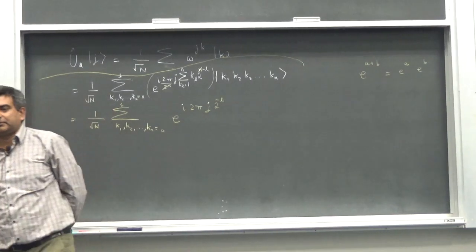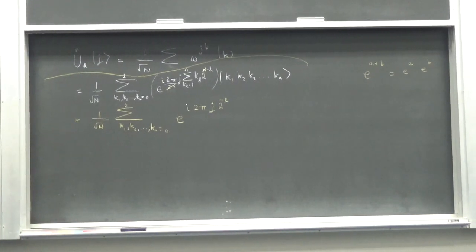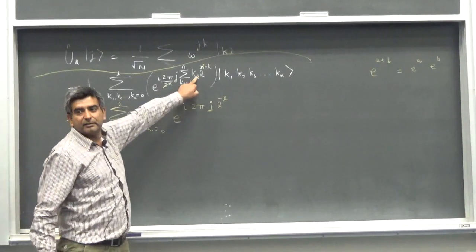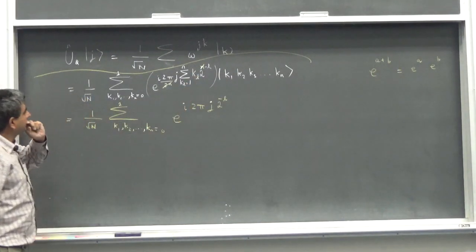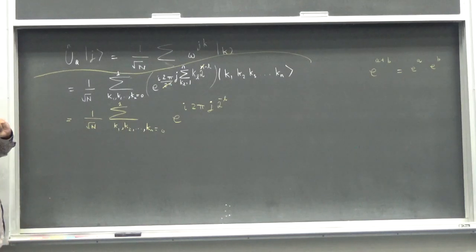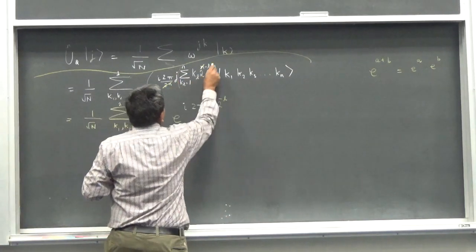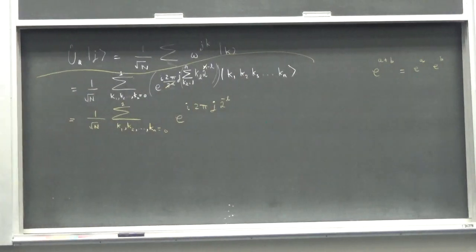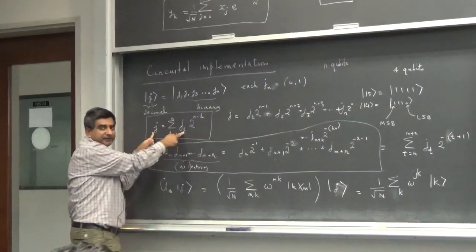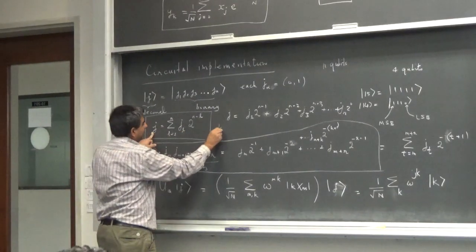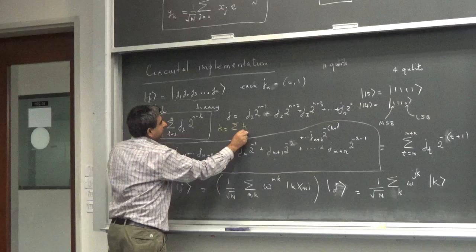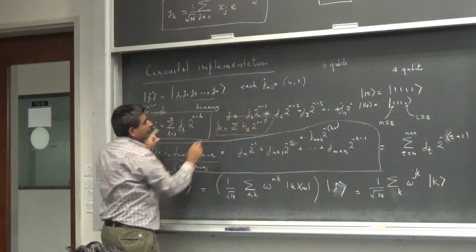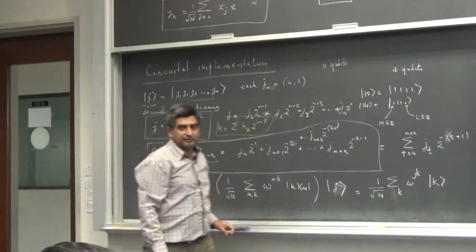Yes, please. What about the k in the exponent? Here, the exponent with 2 pi j, so this k is replaced by its expansion. Just as I can expand j in terms of these binary digits, I can also expand k in terms of its binary digits. So instead of k, I've written this thing. Right?